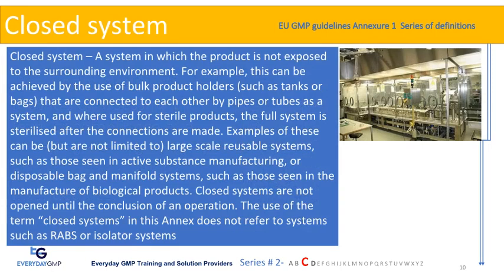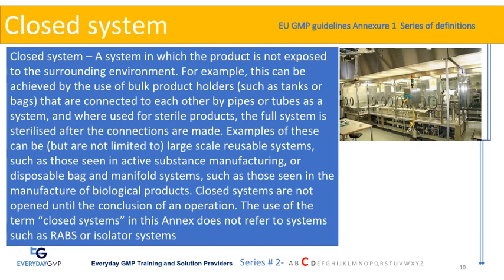Closed system: a system in which the product is not exposed to the surrounding environment. For example, this can be achieved by the use of bulk product holders, such as tanks or bags, that are connected to each other by pipes or tubes as a system, and where used for sterile products, the full system is sterilized after the connections are made.